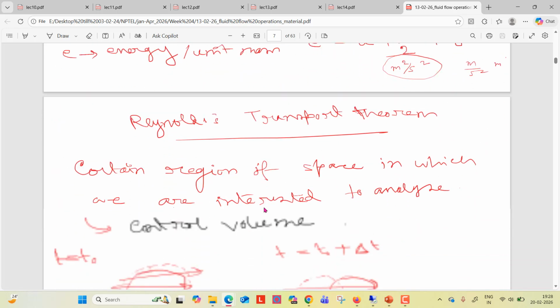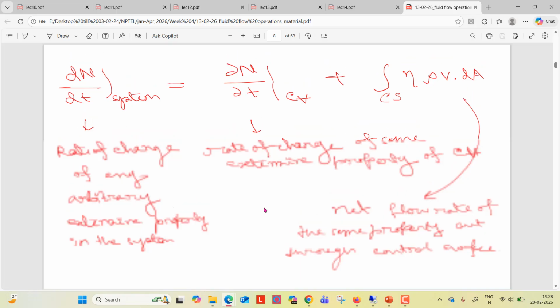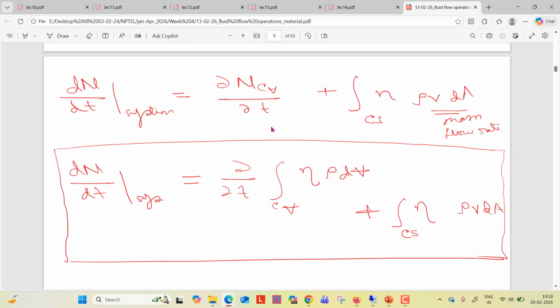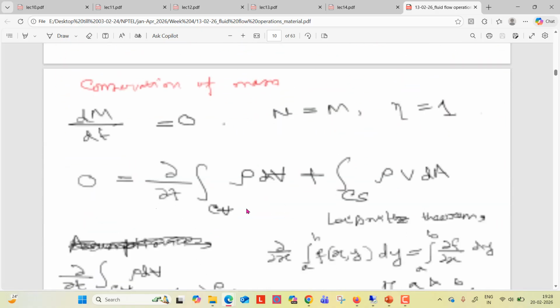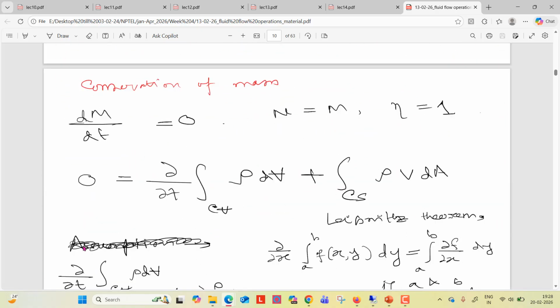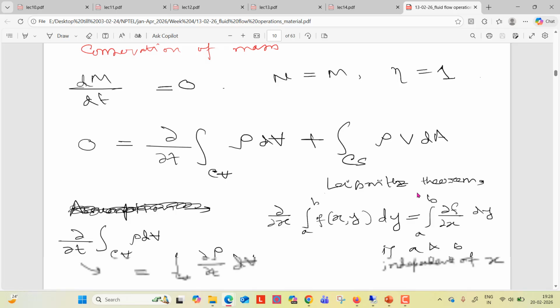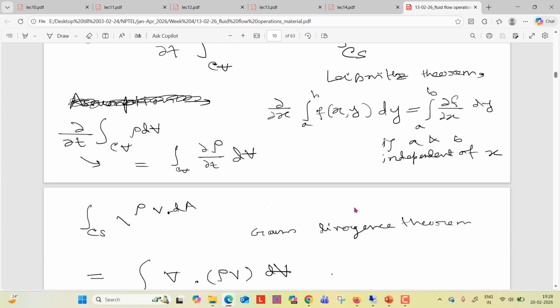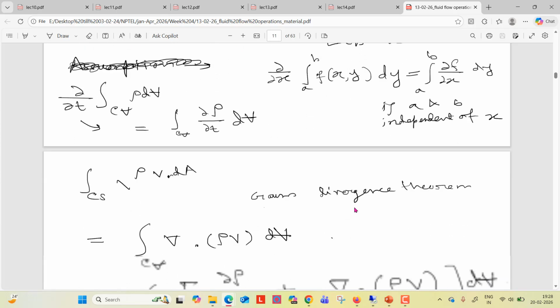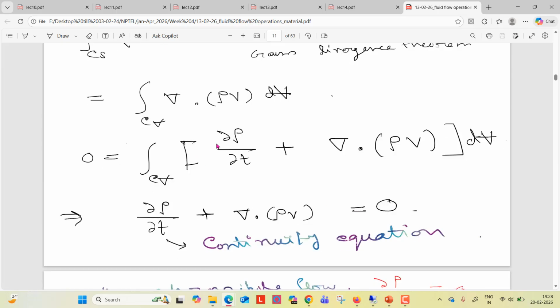From Reynolds transport theorem. This is our Reynolds transport theorem, right? Now if we put all the values, dm dt equals 0, N equals m and eta equals 1, it comes exactly like this: del T of rho dV and rho v dA. If we change the term by applying the Leibniz theorem and Gauss divergence theorem, it comes like this continuity equation, right?